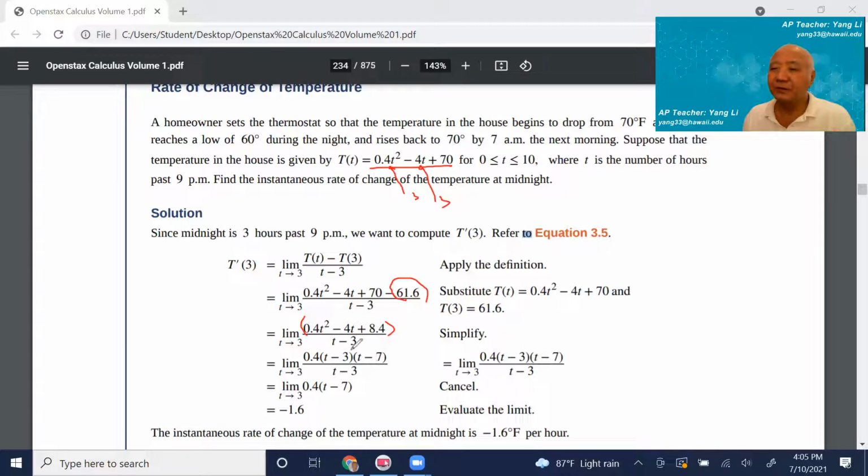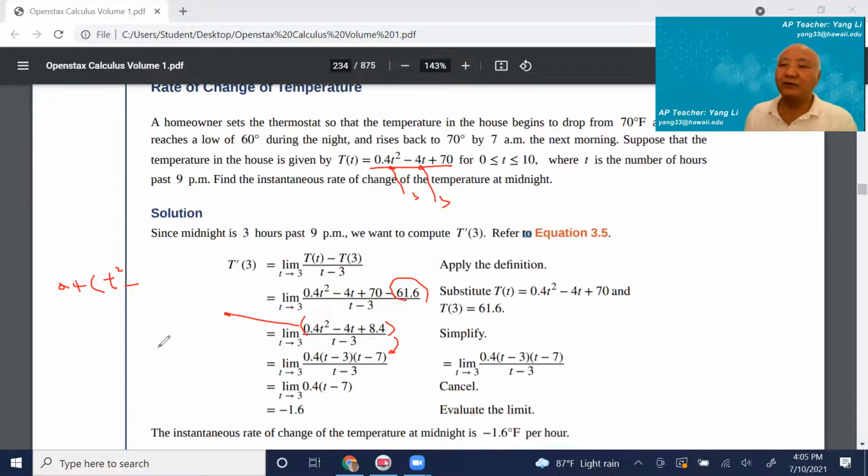The challenging part is from here. How do they get from here? You simply factor the 0.4 out, okay? After you factor this one out, this is T squared minus, be careful here.